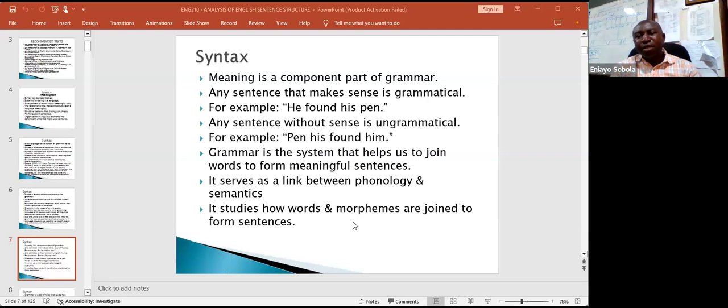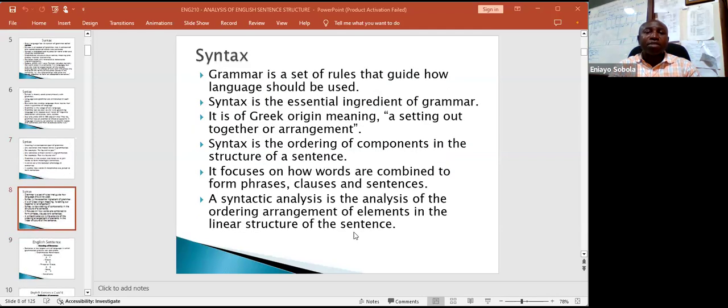And that's why the morpheme is crucial when we are talking about grammar, because it goes a long way to determine the nature of grammar itself and how we are supposed to use it. If you have good command, if you understand morphemes, you realize that most of the problems we have with grammar will be solved. You will know where to apply a particular morpheme. Using the past form of a verb, you should know whether the verb is regular or irregular.